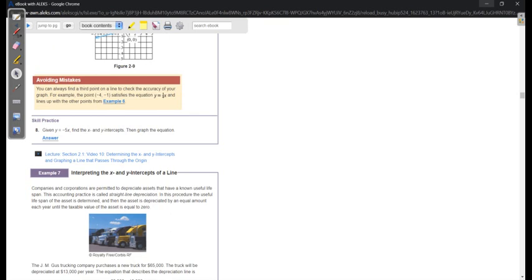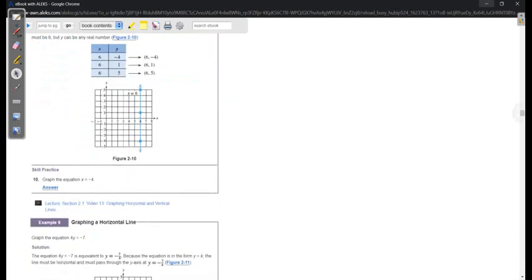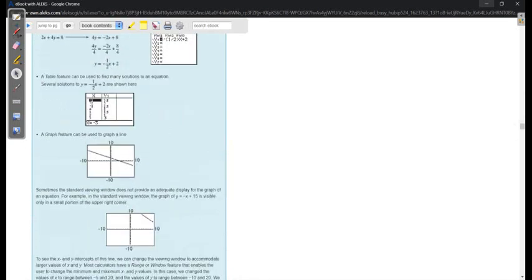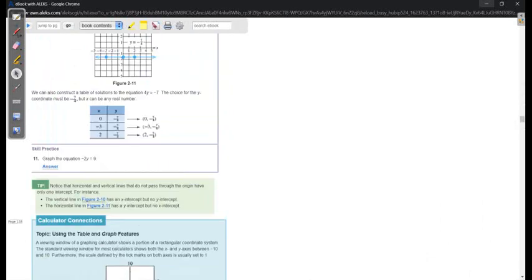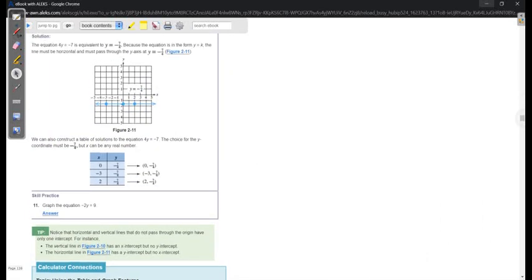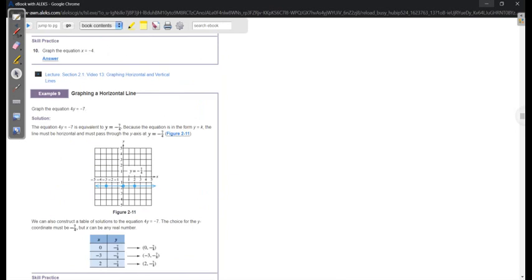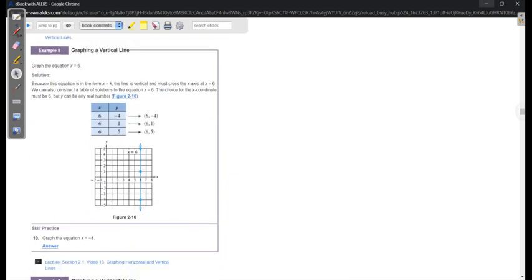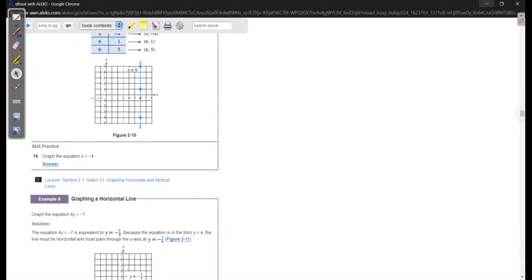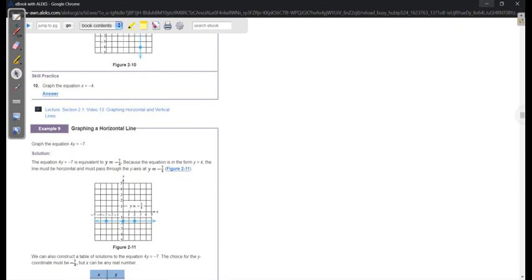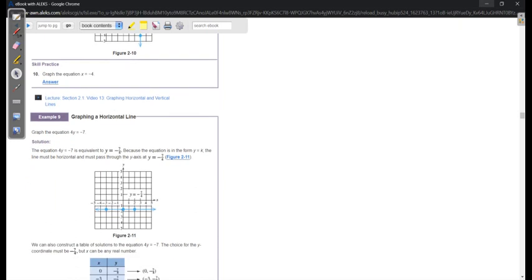It's horizontal. We don't actually have the vertical, do we? Well, we do have a horizontal, but it's this particular equation.